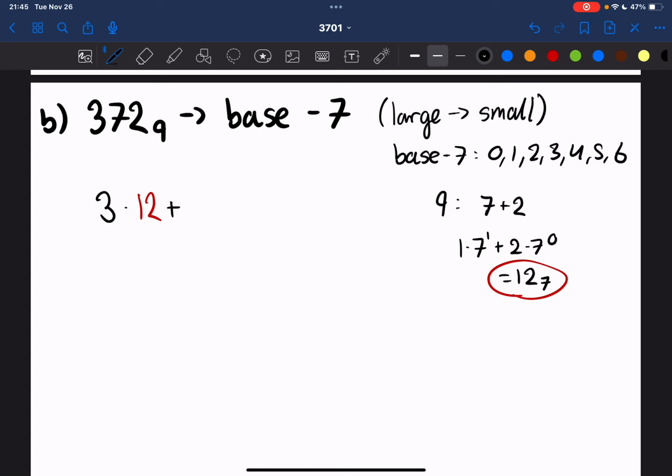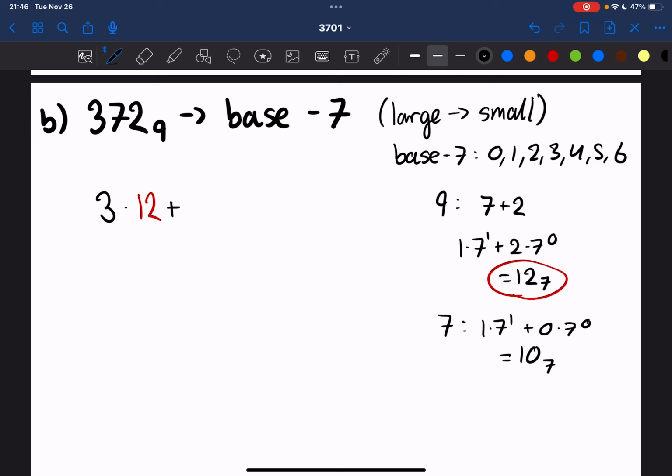That's where it comes from. And then what do we need to do? Well, what do we add? We're going to add the next digit, right? So the next digit is a 7. But of course, we don't actually have 7 in base 7. So we need to convert 7 into base 7. So what's 7 in base 7? Well, it's just 1 times 7 to the 1 plus 0 times 7 to the 0, which is equal to just 10 base 7.